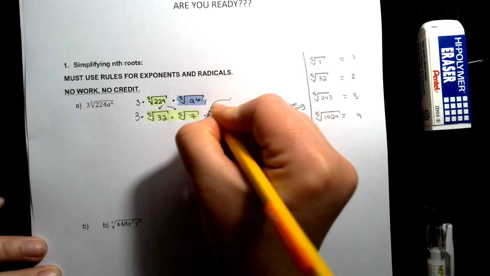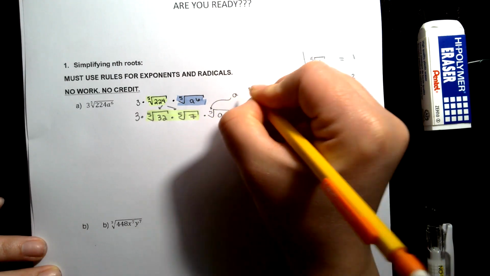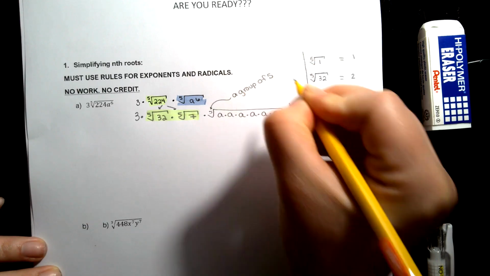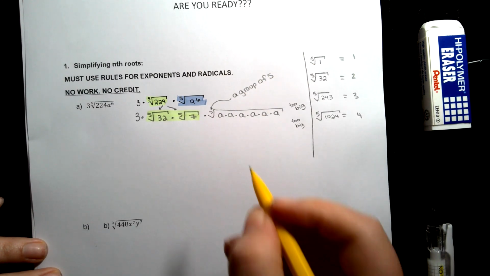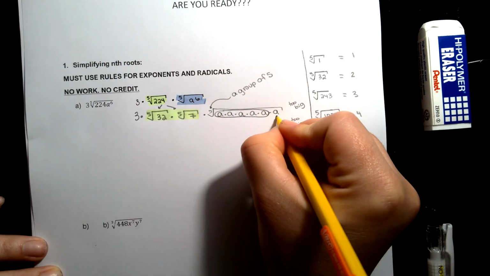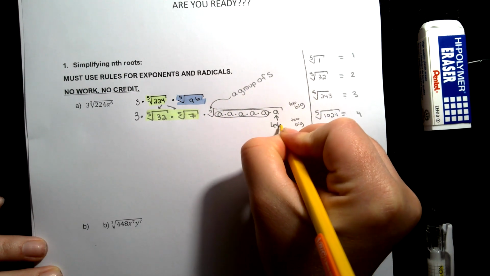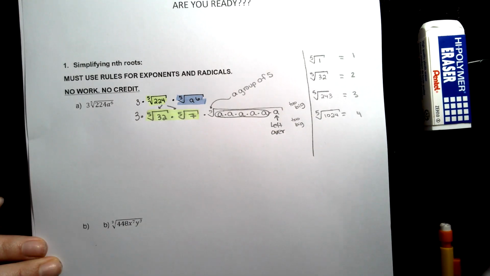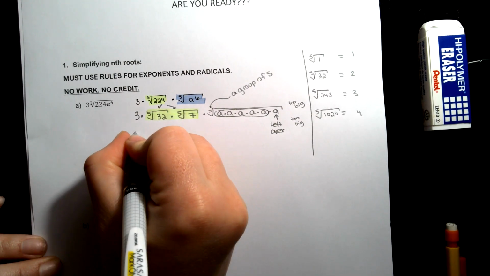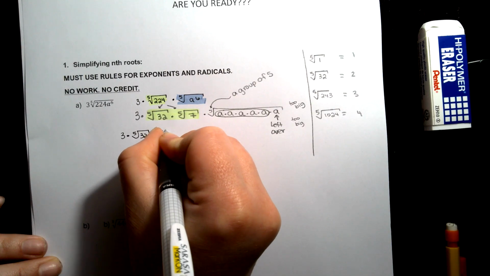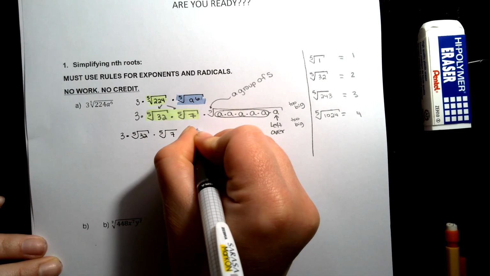The index tells you a group of 5. So we want a group of 5. So 1, 2, 3, 4, 5. And then we have a leftover. Okay, so how does this look? We have 3 times the fifth root of 32 times the fifth root of 7 times the fifth root.